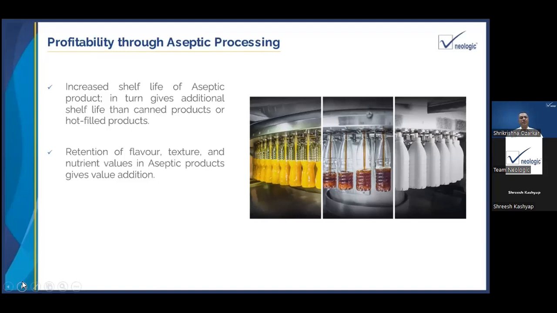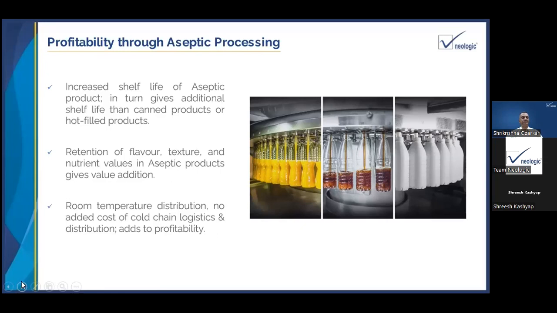And I can actually mention most hygienically processed and packed product when I'm doing the aseptic processing. The distribution or the logistics for all aseptically processed and packed products is actually room temperature distribution. So there is no added cost for cold chain logistics and distribution. This again is going to increase my profitability over the conventional methods.